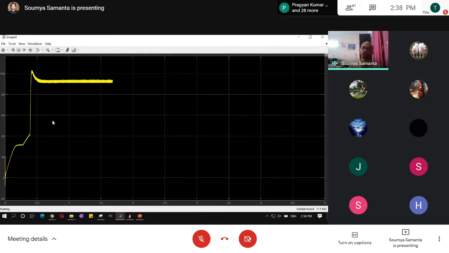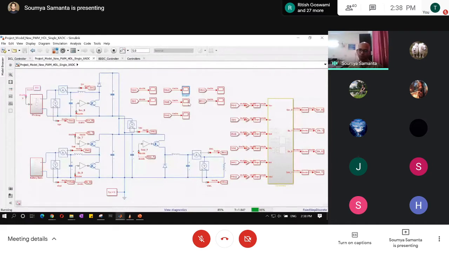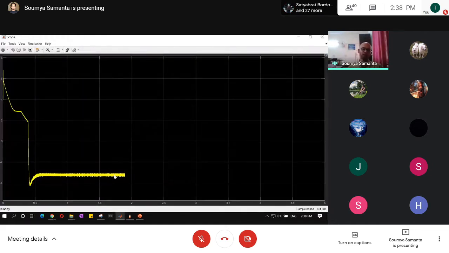How closely the modeling matches the practical is what matters. Here we have taken the ideal voltage, that's why this voltage is very high. Correspondingly, the power and current will be low to maintain the power balance, but the actual current will be a bit larger than this.